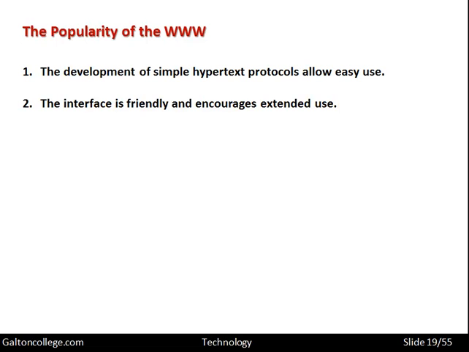The interface is friendly and encourages extended use. When we see hyperlinks, they're there to help us to jump from one part of a document to another. But the other part could be on a different server in a different document.